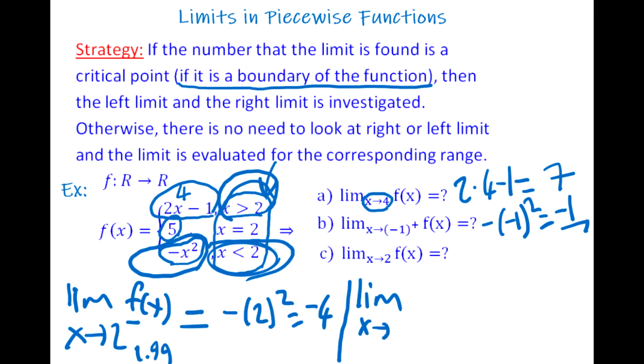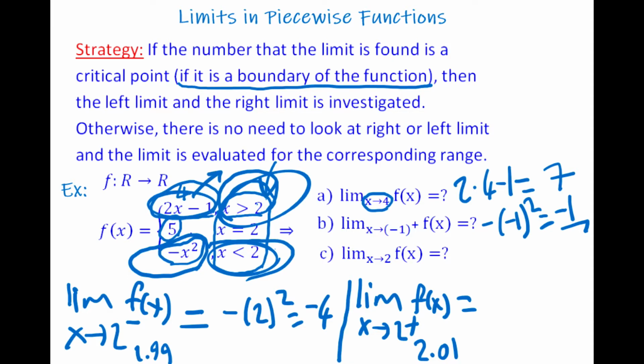Let's take a look at the right limit also. The limit when x goes to 2 from the right side of f of x: from the right side means think of x as, let's say, 2.01. Because 2.01 is within this range and is greater than 2, the first function is what I will apply.